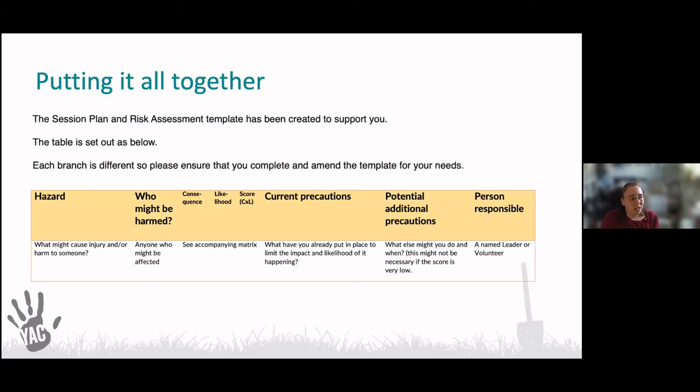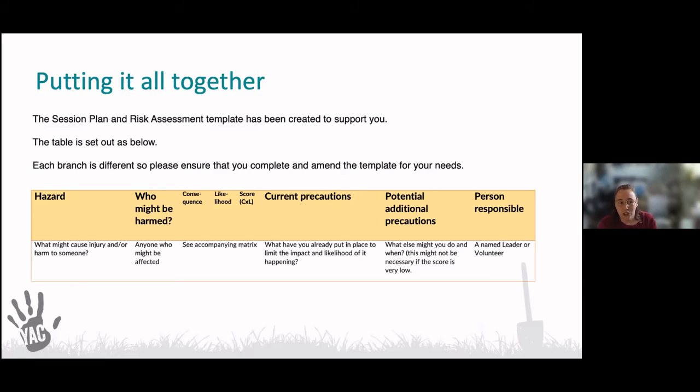Okay, so pulling it all together is going back to this form. The hazard is what might cause injury and or harm to someone. Who might be harmed is whoever might be affected. The current precautions are what you've already put in place to limit the impact or likelihood of something happening.